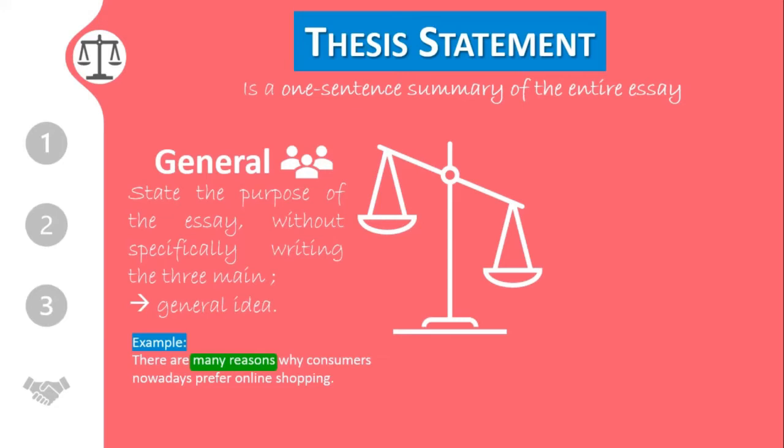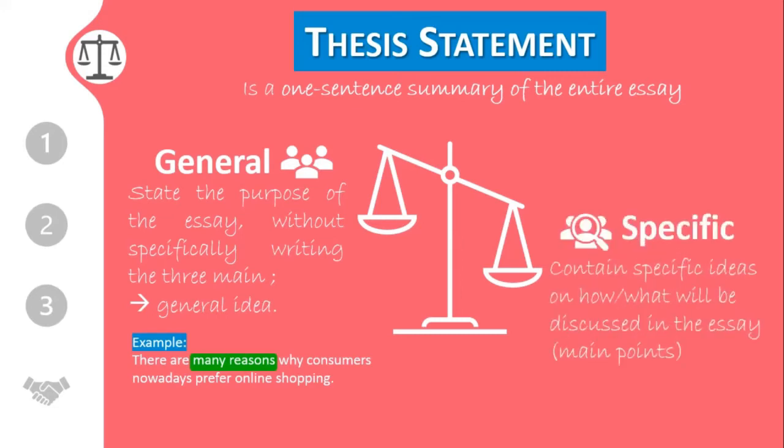The second way to write a thesis statement is by writing a specific thesis statement, which contains specific ideas on how or what will be discussed in the essay. To put it simply, the 3 main points are specifically indicated in the thesis statement.